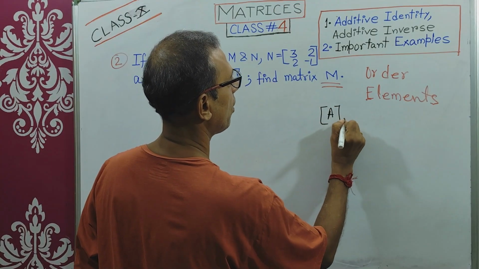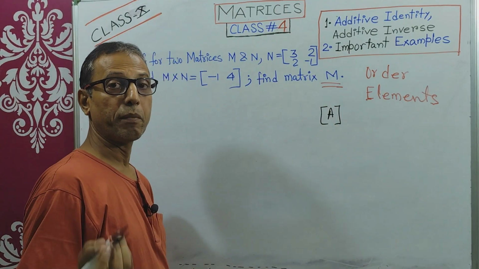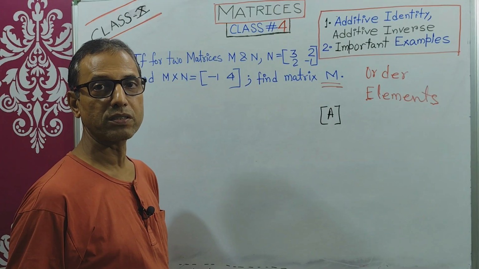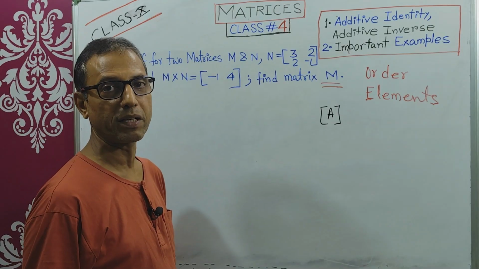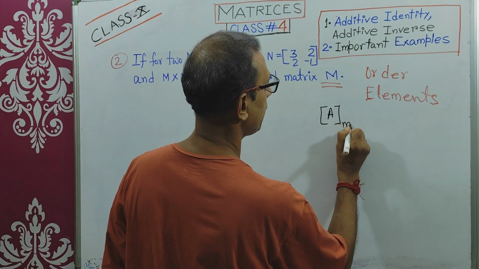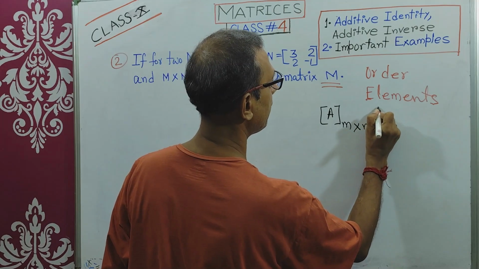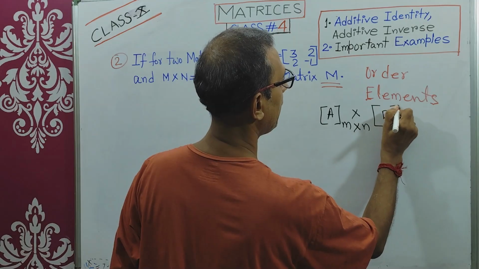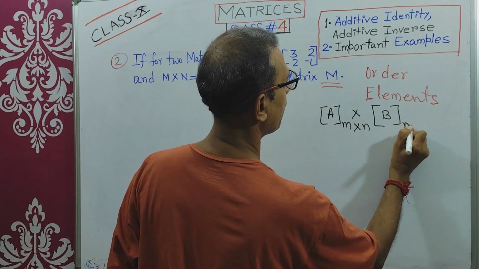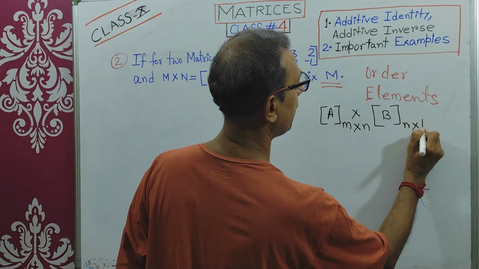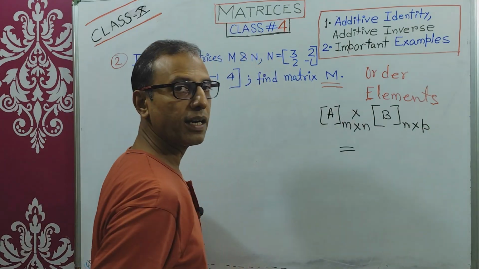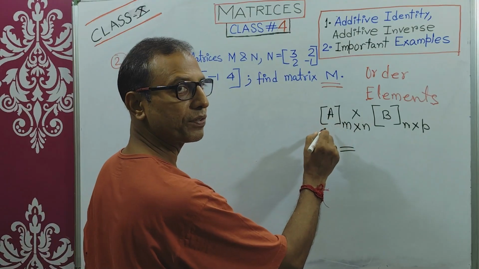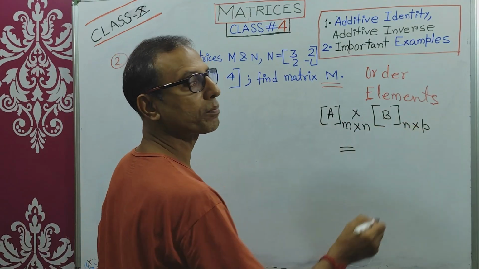You can multiply two matrices only when the number of columns in the first matrix is equal to the number of rows in the second matrix. So A of M by N into B of N by P, then the resultant matrix will have the same number of rows as the first matrix and the same number of columns as the second matrix.